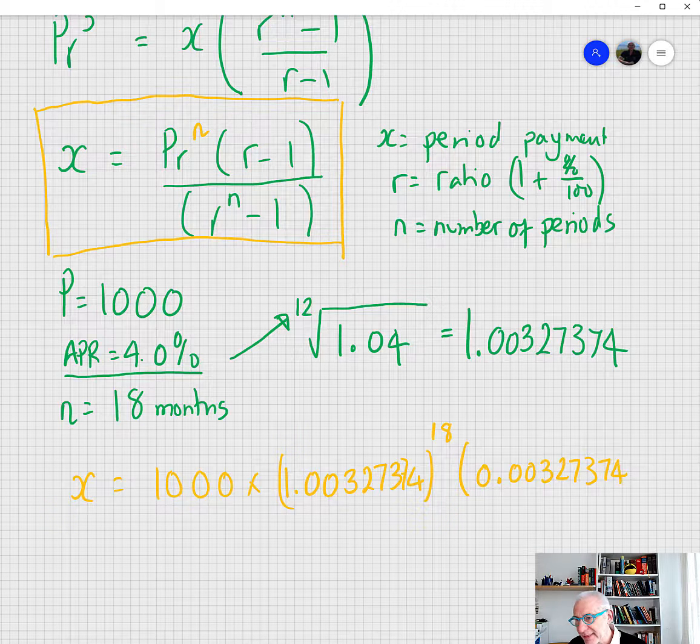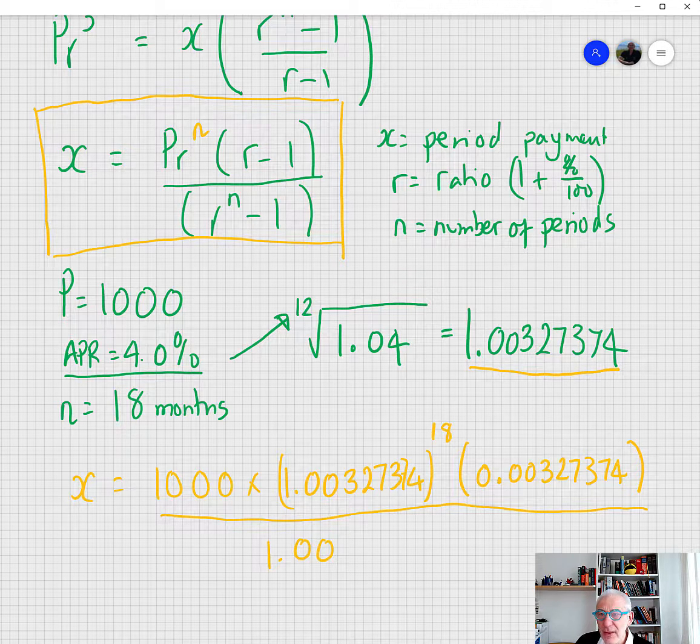So that's this number here minus the 1, and then we divide all of that by r to the n, which is 1.0032737 to the 18 minus 1.